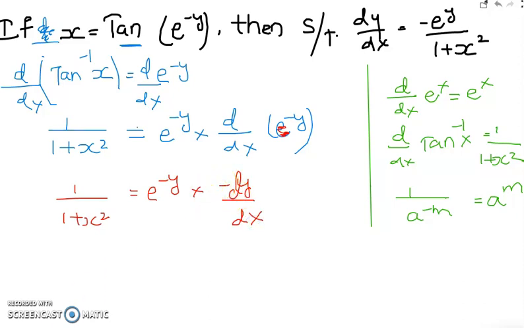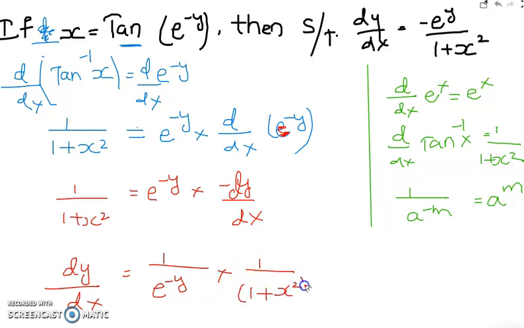Now what should we do? Just take dy by dx. dy by dx is equal to, this will go in the denominator, right? 1 by e power minus y into 1 by (1 plus x square), right? And also we are sending the minus.